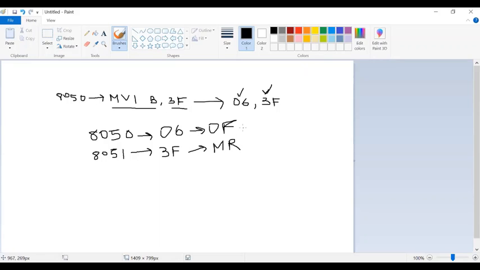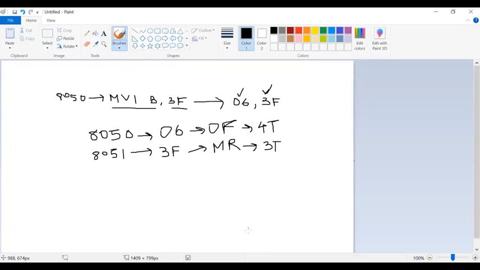How many T states are needed for the opcode fetch machine cycle? 4 T states. And the memory read machine cycle is fixed at 3 T states. So there are 2 machine cycles: first the opcode fetch machine cycle, requiring 4 T states, and second the memory read machine cycle, requiring 3 T states.